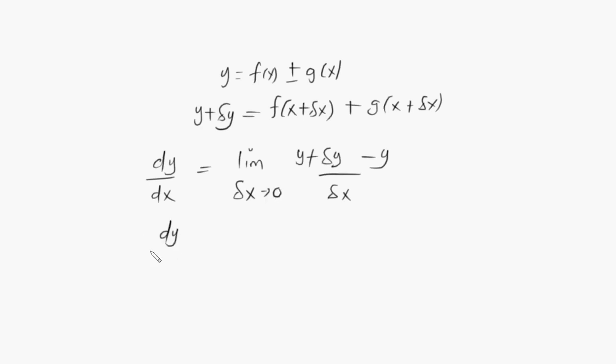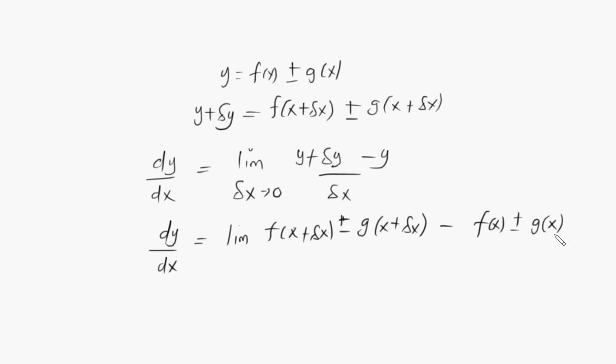So this dy/dx is just equal to the limiting value of f(x plus delta x) plus or minus g(x plus delta x). This one is y plus delta y, so I minus this with f(x) plus or minus g(x). All of this is over delta x as delta x approaches 0.